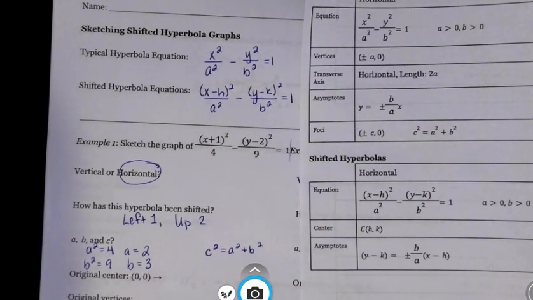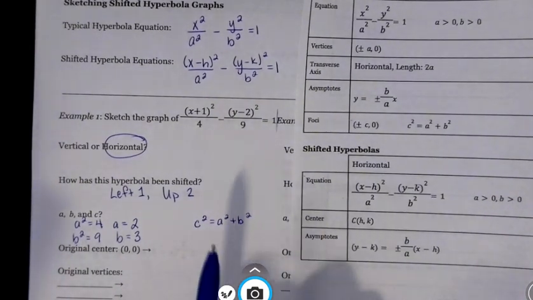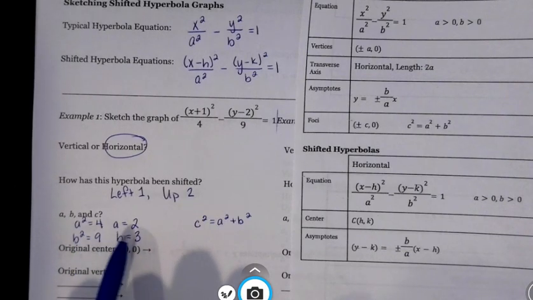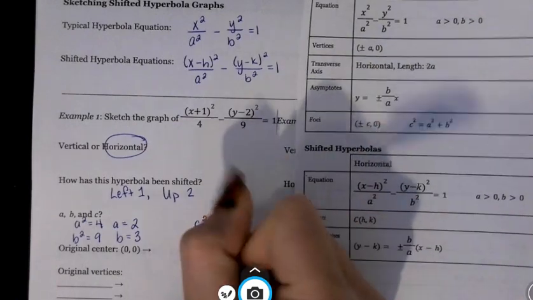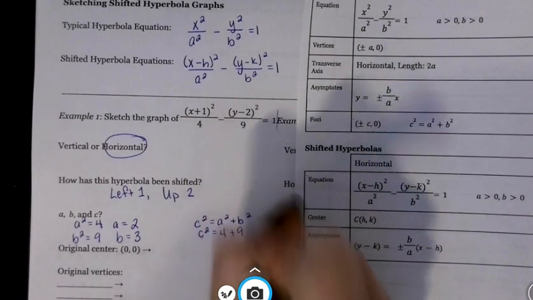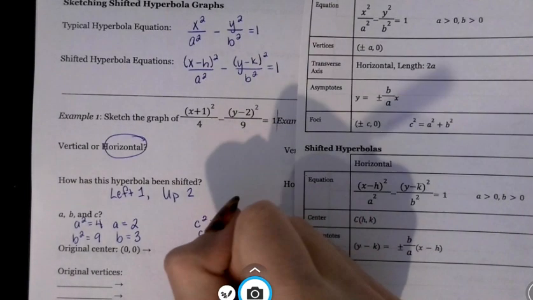Now I have to pay attention to if I'm plugging in a or a squared. Since it is a squared, I have to plug in 4, not 2. 4 is a squared, and then 9 is b squared. So I know c squared is equal to 4 plus 9, which means my c squared is 13.